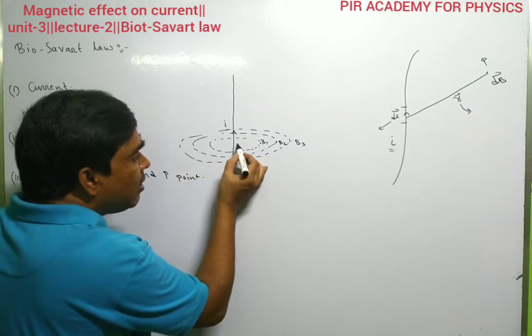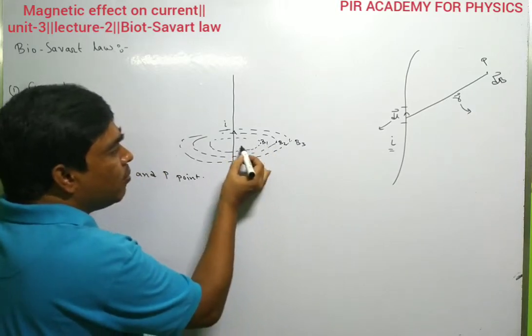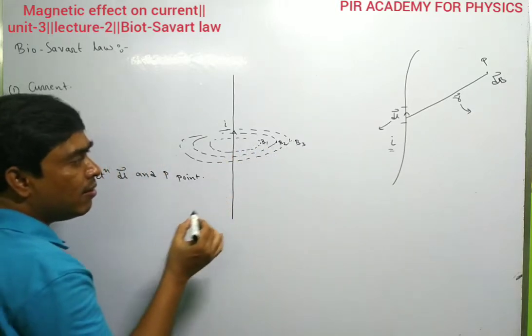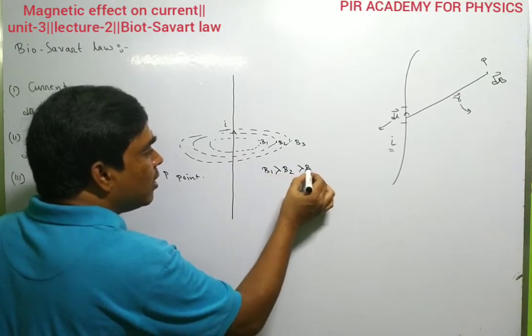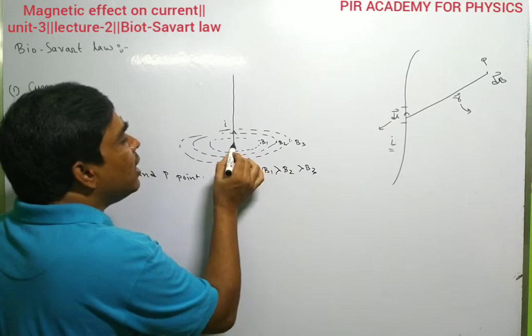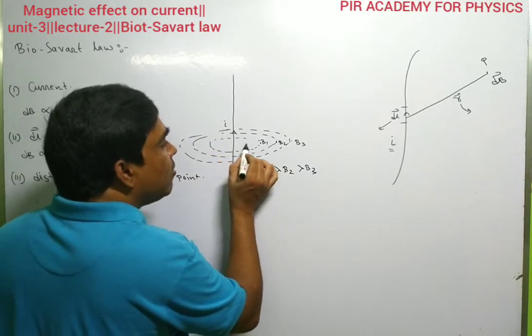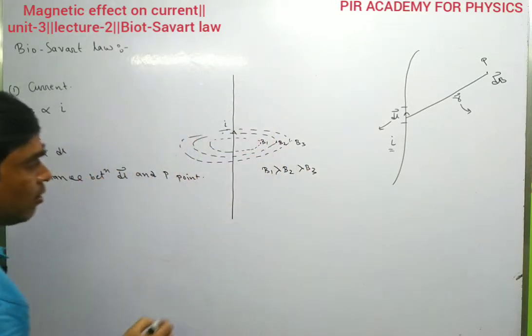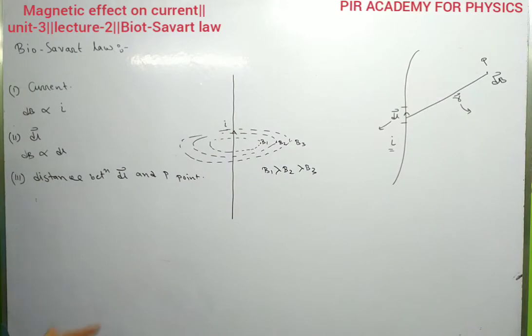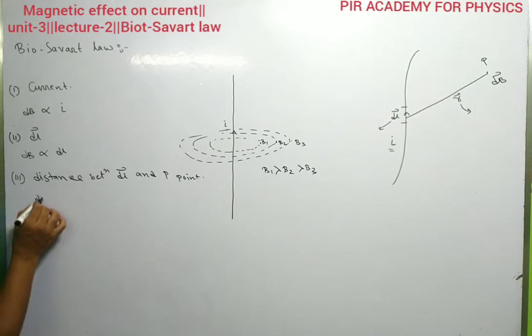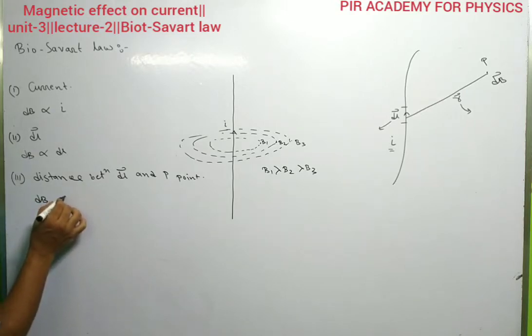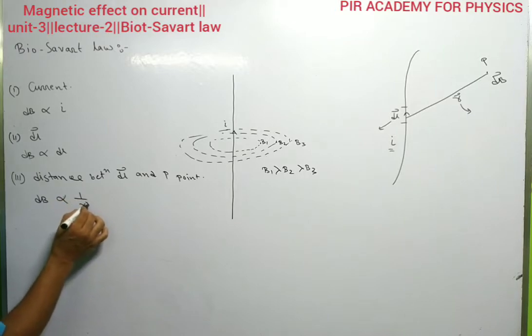If I increase the distance, then the magnetic field will decrease. So B1 is greater than B2, which is greater than B3. If I increase the distance from this current carrying conductor, the magnetic field decreases, and it follows the inverse square law. That means dB is proportional to 1 by r square.